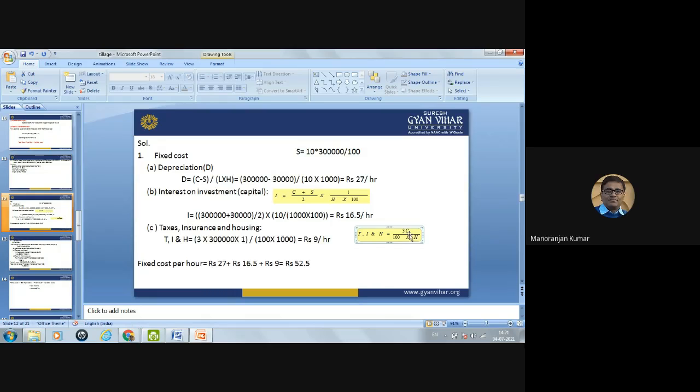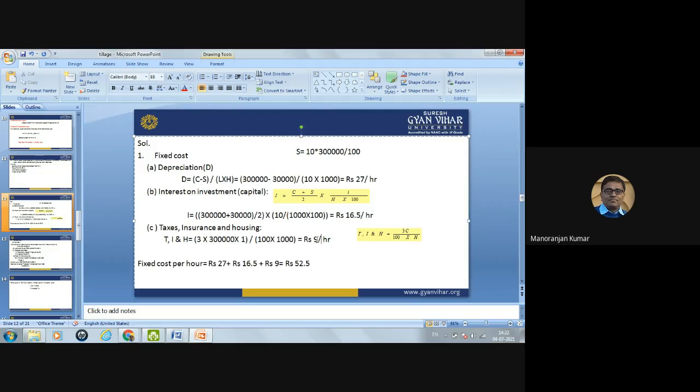So 3 into 3 lakh divided by 100, and H is the number of working hours, that is 1000. After calculation of this equation, you will get 9, meaning taxes, insurance and housing will cost 9 rupees.